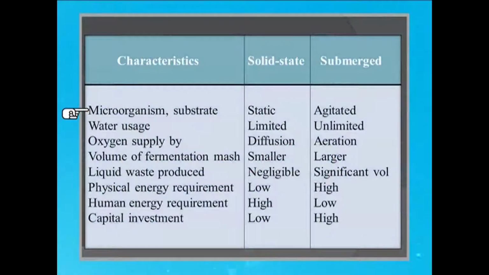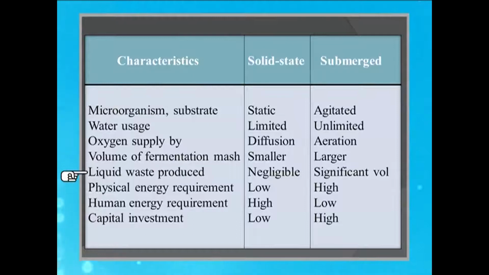Anyway, the microorganism substrate is static in case of solid state but is agitated in submerged, as we have discussed. Water usage is limited and unlimited respectively. Likewise, oxygen supply is by diffusion in case of solid state but by aeration for submerged. Then volumetric production by fermentation is smaller in case of solid state, while we get a large amount of product in submerged processes.